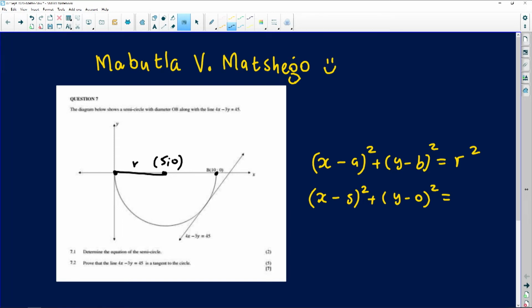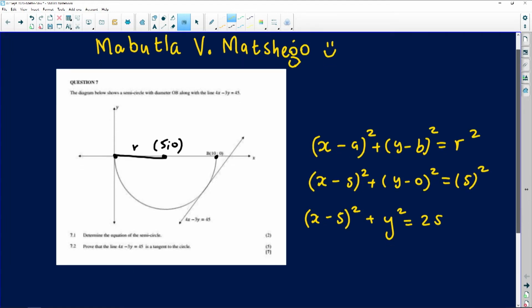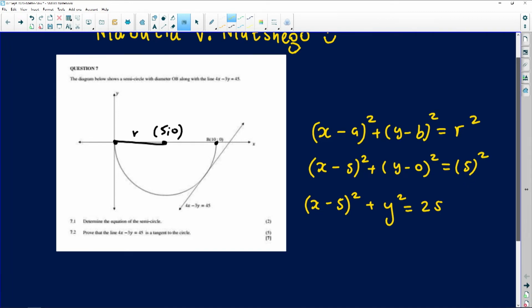So that's basically going to be our r, and that is just 5 units from the origin. So that means your radius will have a value of 5, which means I'm then going to have r as 5 squared. If I simplify this further, we simply have (x minus 5) squared plus y squared is equal to 25. This that you are looking at right now is the equation of a full circle.